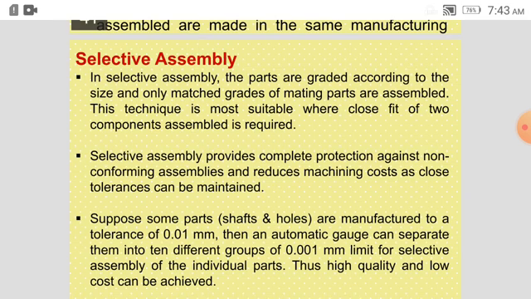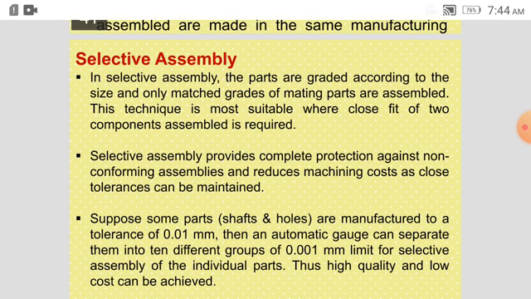Say we are producing some parts, so some parts will be oversized, some will be undersized, and some will be produced to the basic size, right? So these parts are sorted out: oversized parts are taken at one place, undersized are sorted, and then basic size. So we divide the parts produced into three categories: oversized, undersized, and basic size.